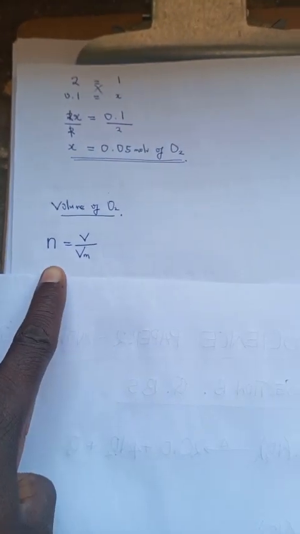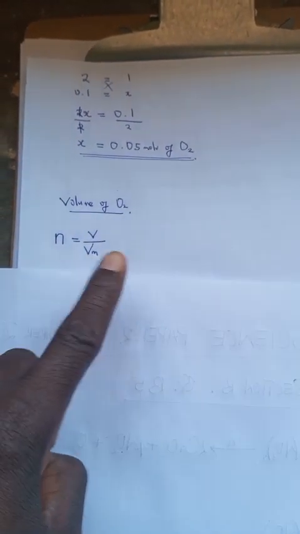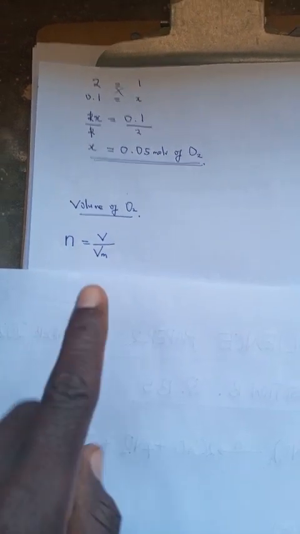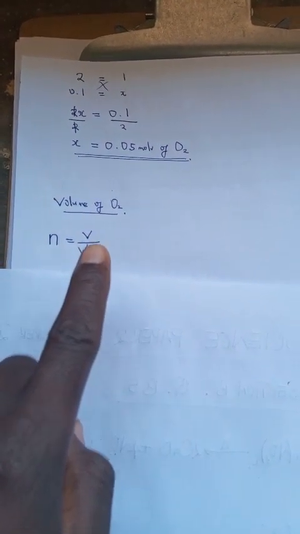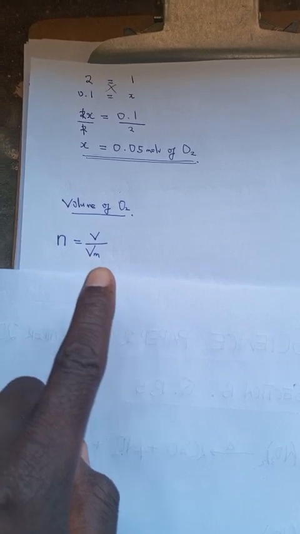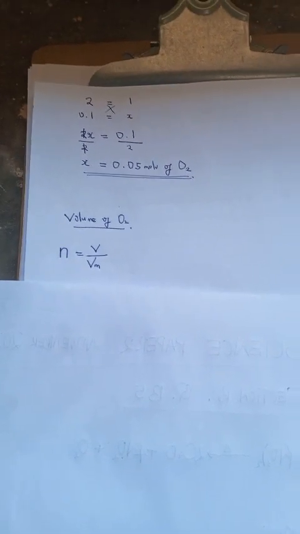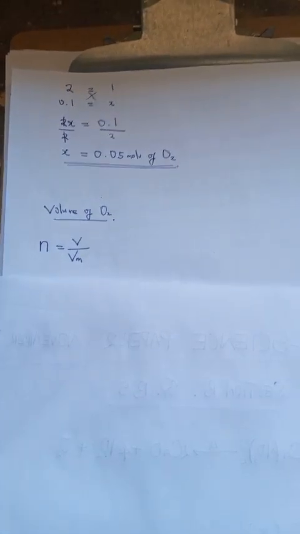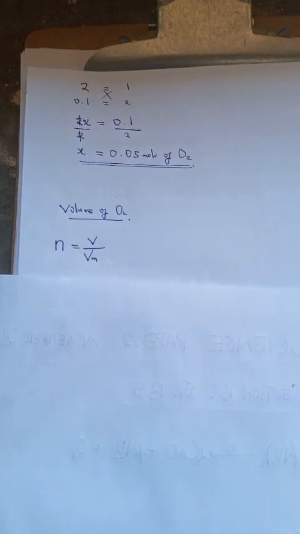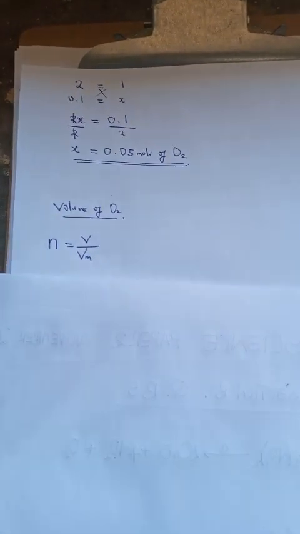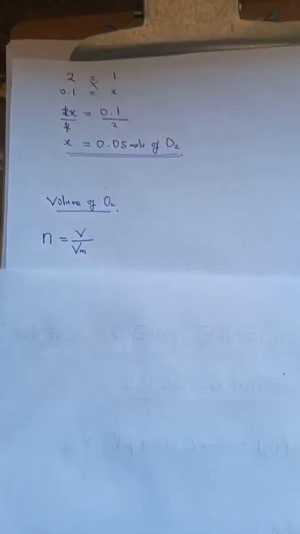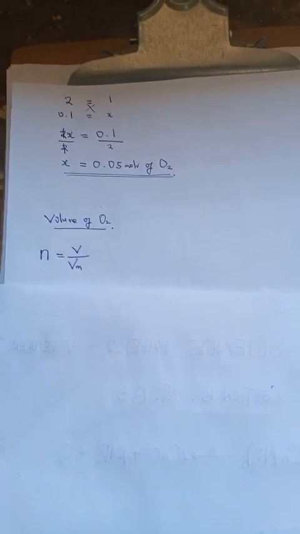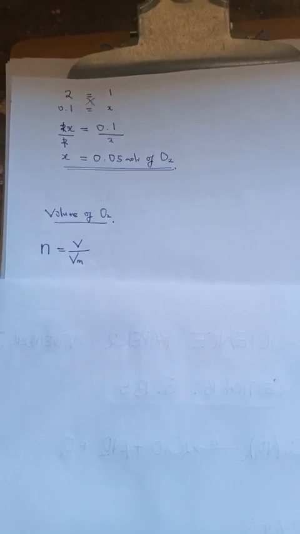Number of moles of oxygen gas, or of any gas, is equal to the volume over the molar volume. Now, the molar volume is the volume that you are given either at room temperature and pressure or standard temperature and pressure. Remember, at room temperature and pressure we have 24.0 cubic decimeters, while at standard temperature and pressure we have 22.4 cubic decimeters.